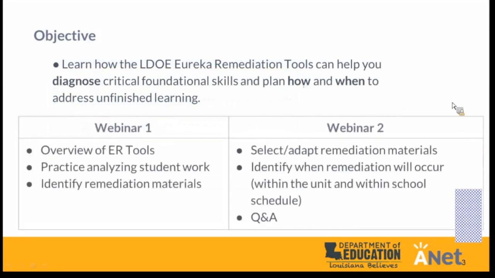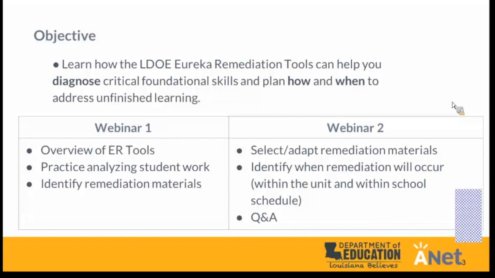As a reminder, if you were here on Monday, you saw these before, but these are our objectives for the two-part webinar series. We're going to learn how the Eureka Remediation Tools can help you diagnose critical foundational skills and plan how and when to address unfinished learning. On Monday, we did an overview of the tools, we practiced analyzing student work, and we began to identify the remediation materials.